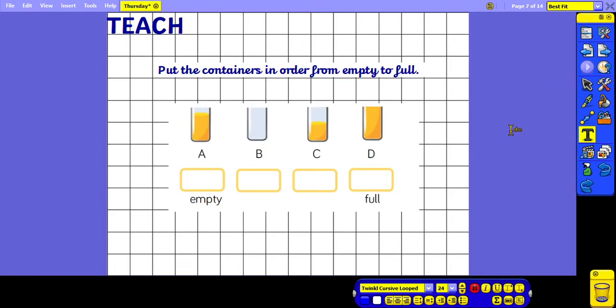This time we've got to put the containers in order, starting with empty and moving on to full. So the container that is completely empty, has nothing inside, is B. The container that has the next largest amount inside would be C. That one is half full.